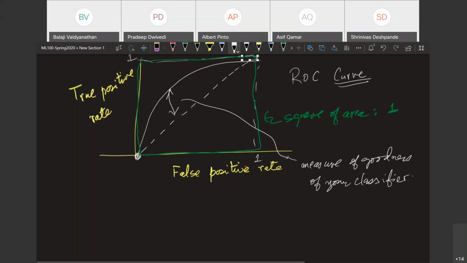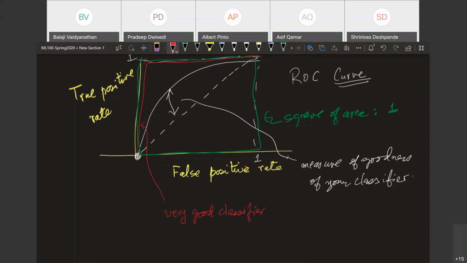A good classifier can be even better. The perfect classifier would be something like this. A very good classifier means for a very, very low false positive rate, you're capturing all the true positive cases.